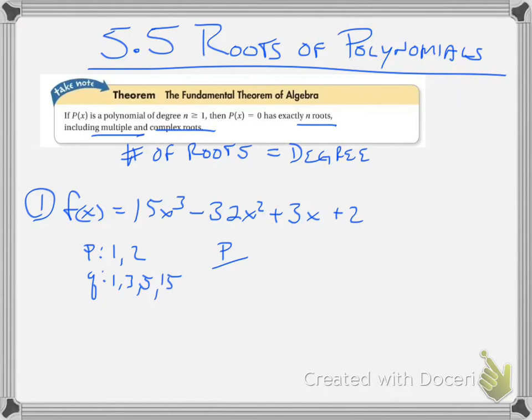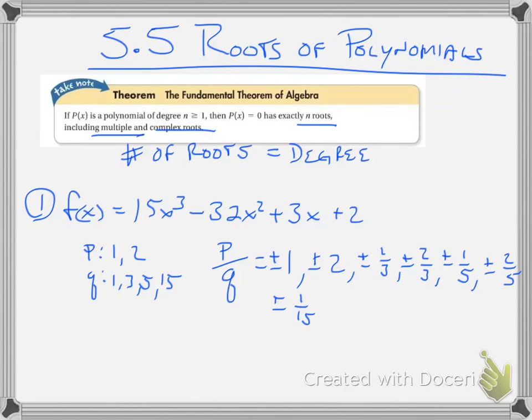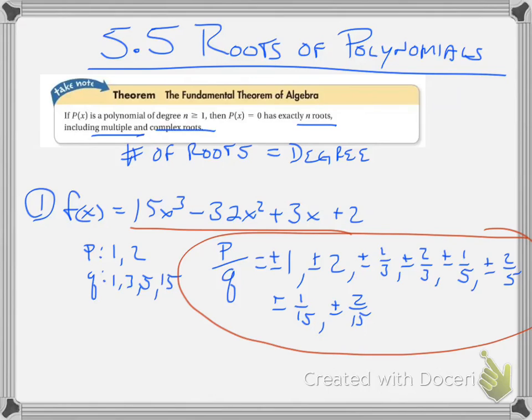To find the list of all the possible rational roots, I have plus or minus 1 over 1, plus or minus 2 over 1, plus or minus 1 over 3, plus or minus 2 over 3, plus or minus 1 over 5, plus or minus 2 over 5, and then plus or minus 1 over 15, and plus or minus 2 over 15. Now, all the rational roots of this polynomial are somewhere in this list.